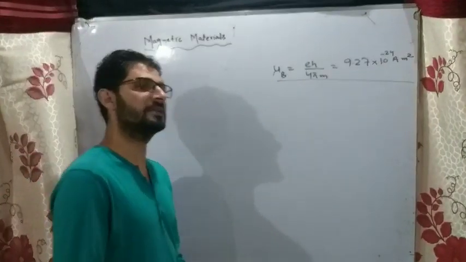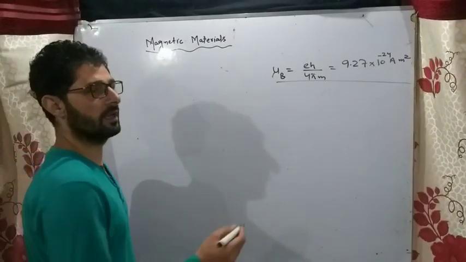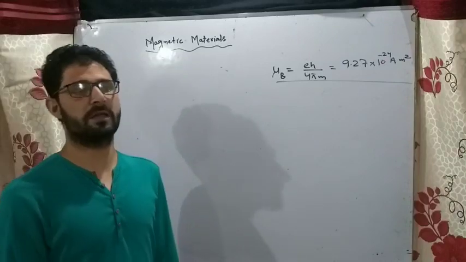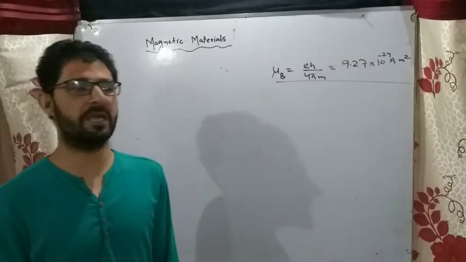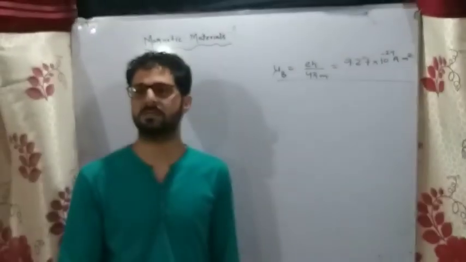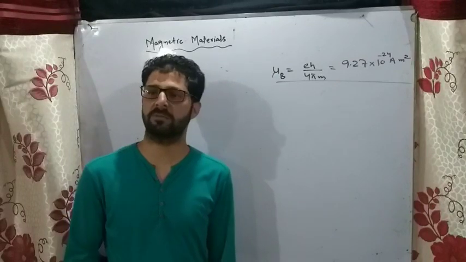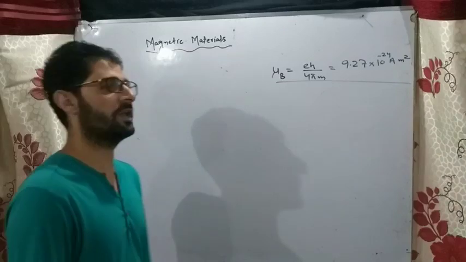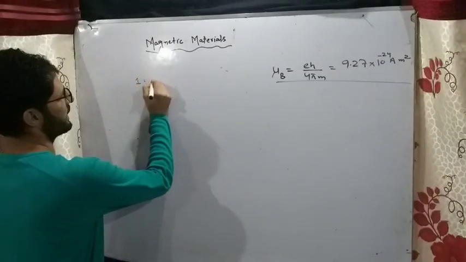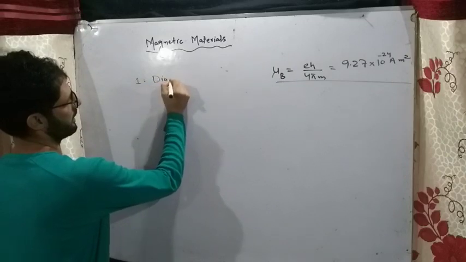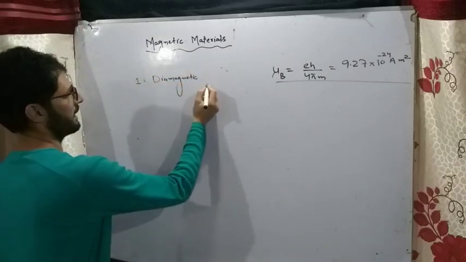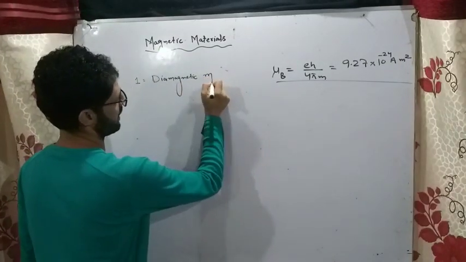This classification gives rise to three types of magnetic materials. First is called diamagnetic materials.